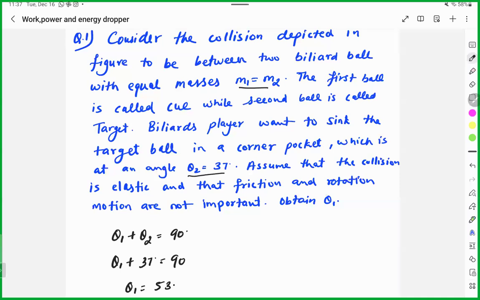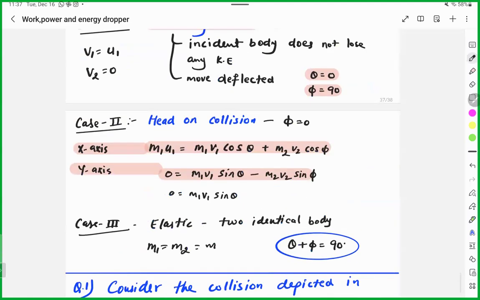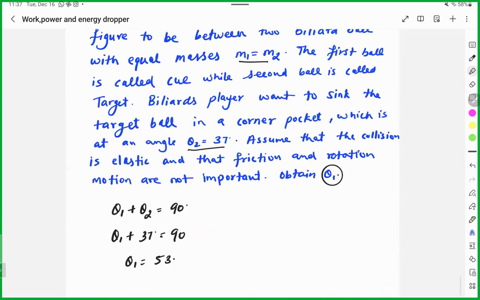How will I get the other angle? But what I told you through this case: in elastic collision, when two bodies are identical and their mass is the same, then the angle will be 90 degrees, done. That's why I didn't tell you all the derivation. I know where derivation is required and where it will stress you. That's why I didn't do it, and this was enough.